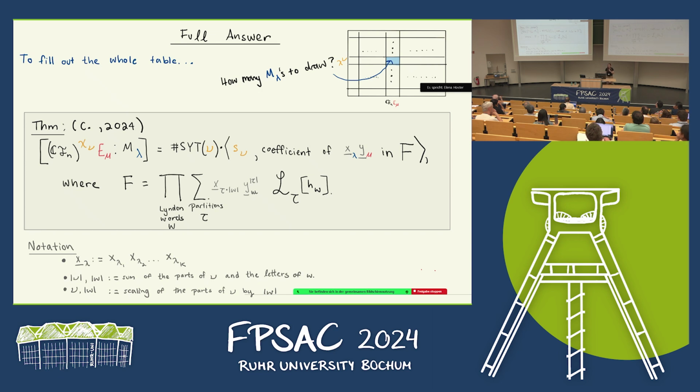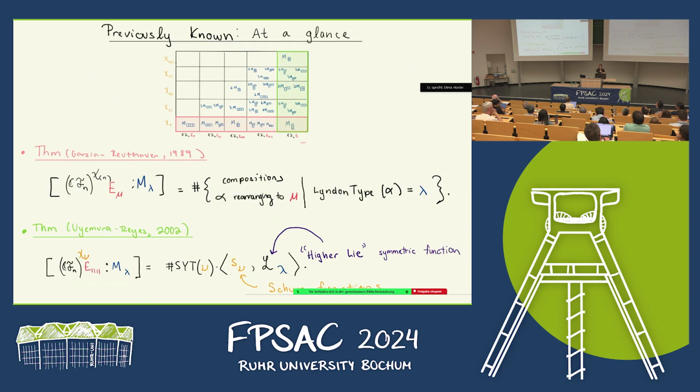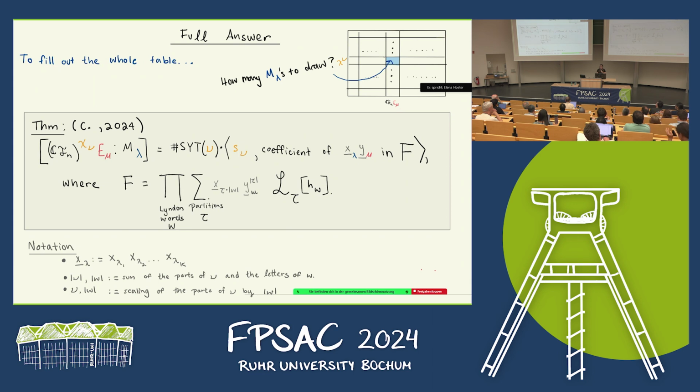Also, do you know if there are any partitions for which you can actually evaluate this? Yeah, there are some special cases you can do. Could you repeat the question? Oh, sorry. The question was, can you sometimes actually evaluate what this inner product is?